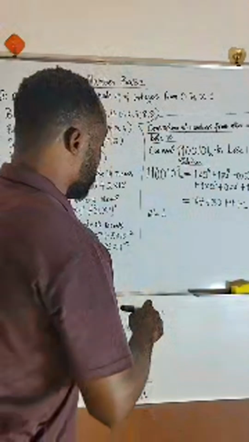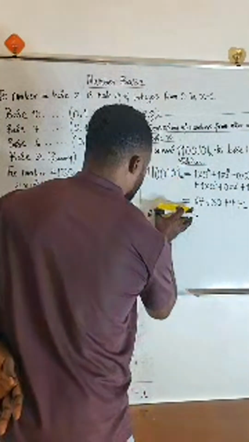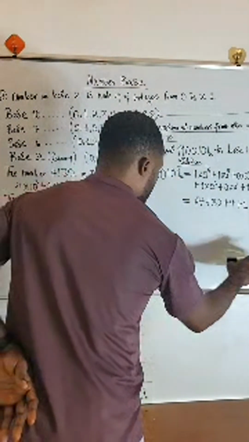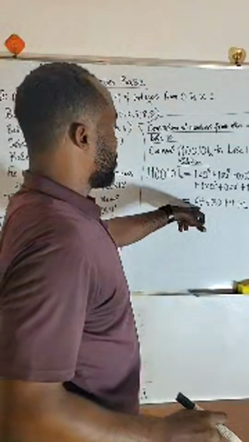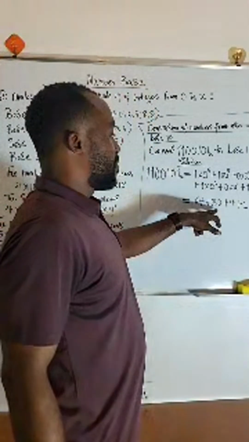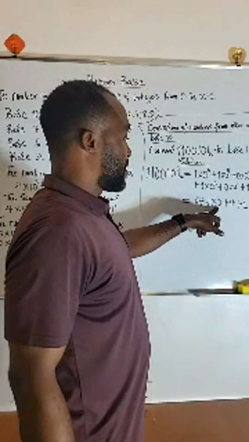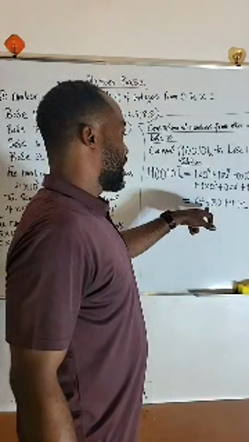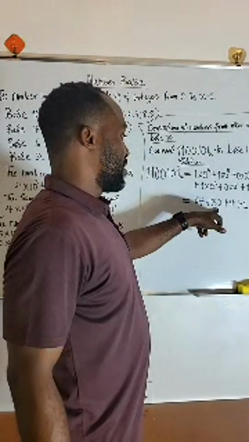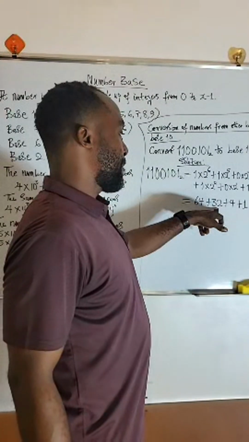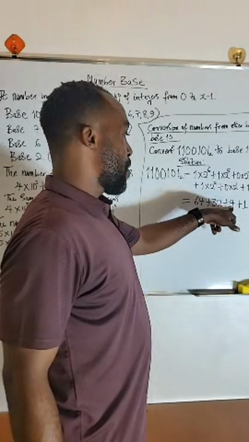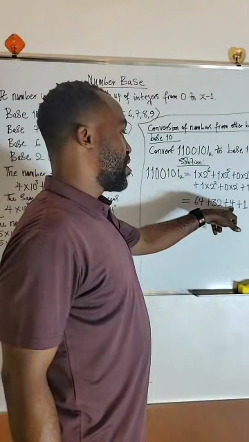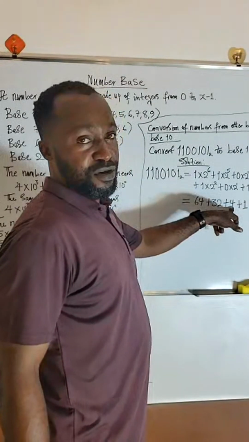So that will be the 1. All right? So now 64 plus 32, that's going to give us 96. 96 plus 4, that will be 100.